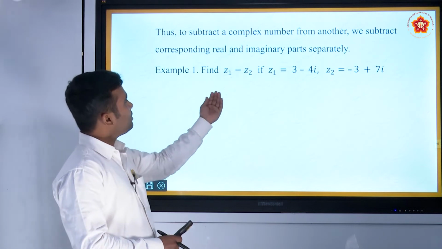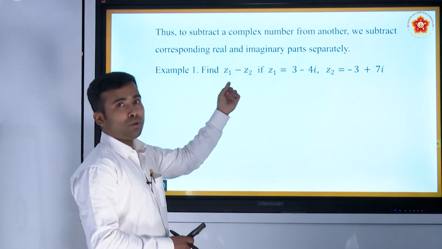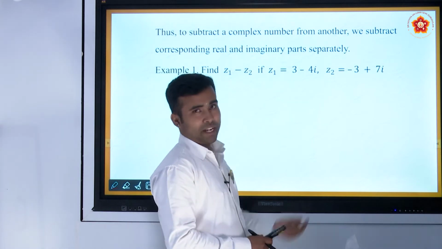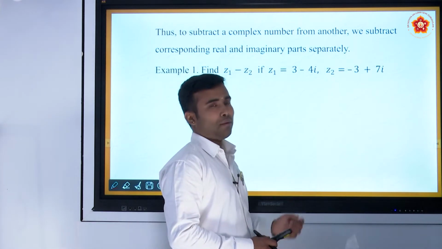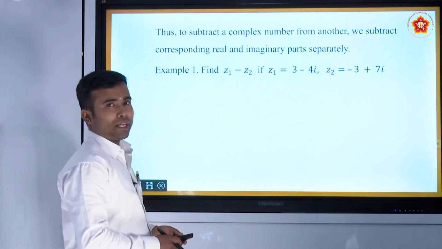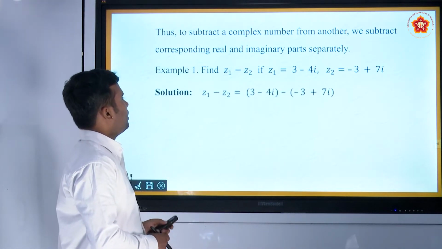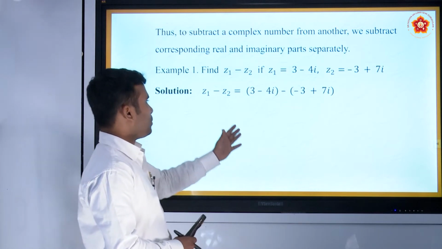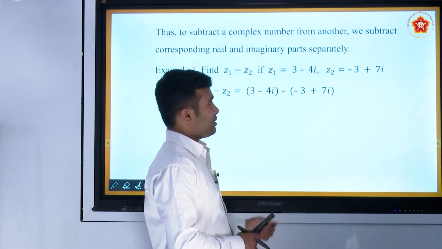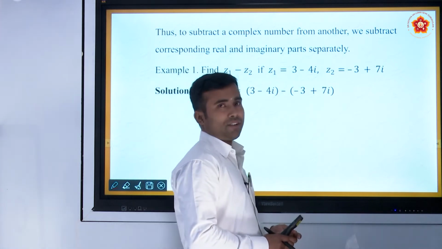Here the example is, find Z1 minus Z2, given that Z1 is 3 minus 4i and Z2 is minus 3 plus 7i. So let us find Z1 minus Z2. Z1 minus Z2 is equal to 3 minus 4i minus (minus 3 plus 7i).